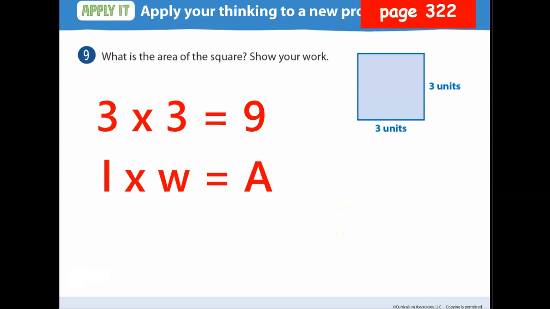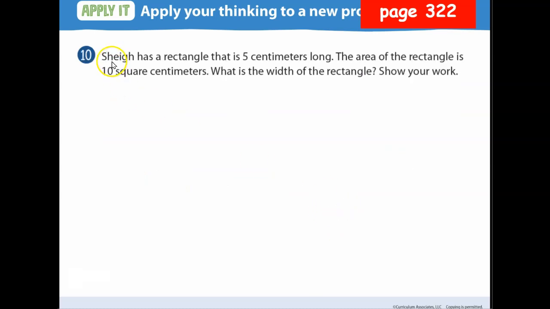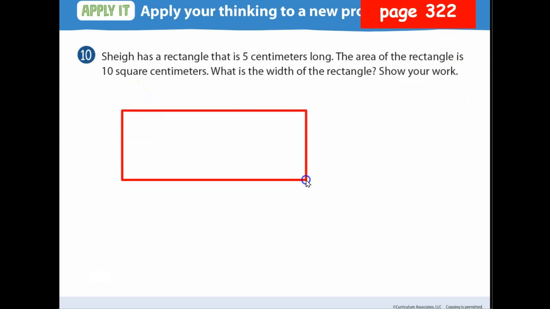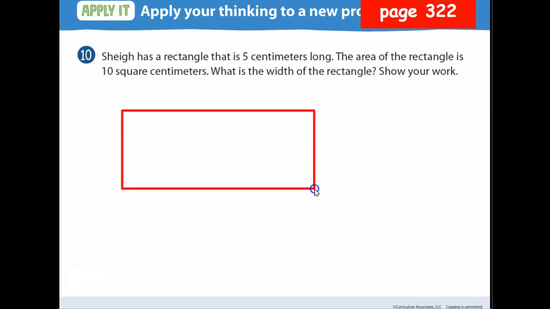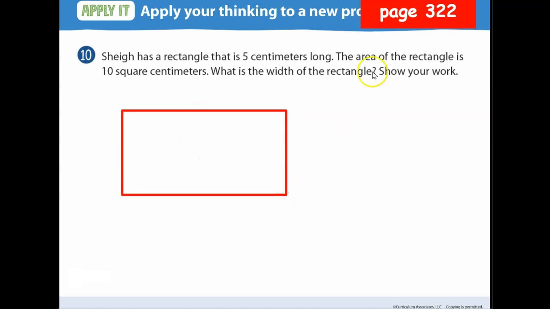But how about this: Shay has a rectangle of 5 centimeters long. This is what she has. The area is 10. So again, we have area equals length.